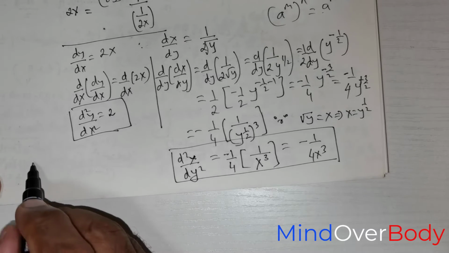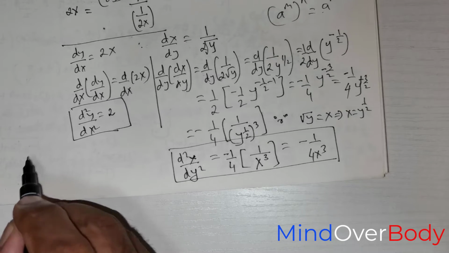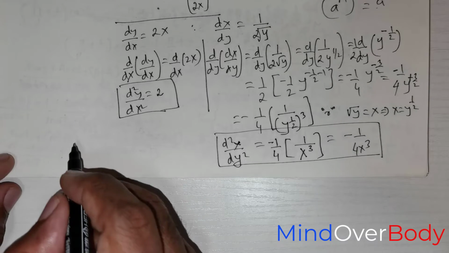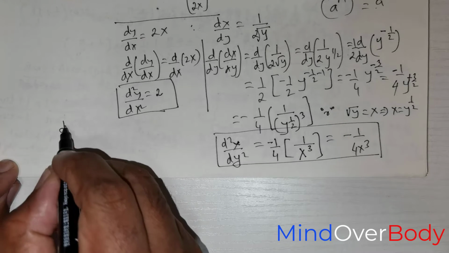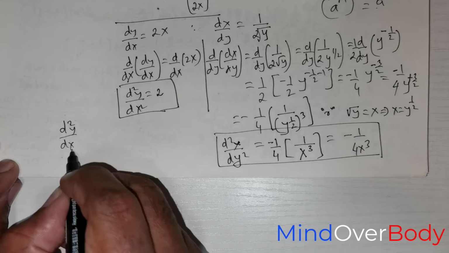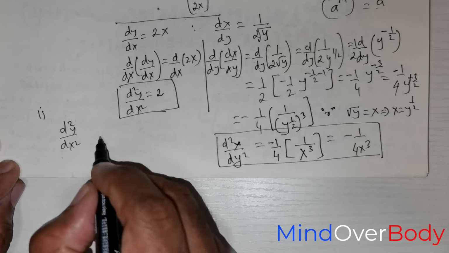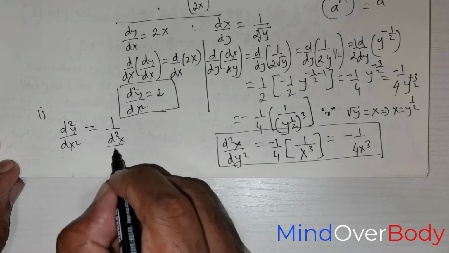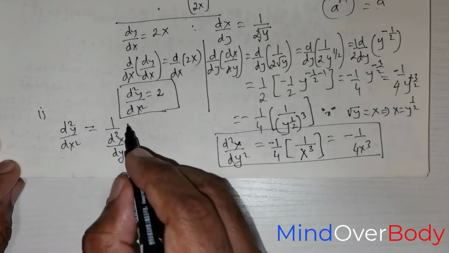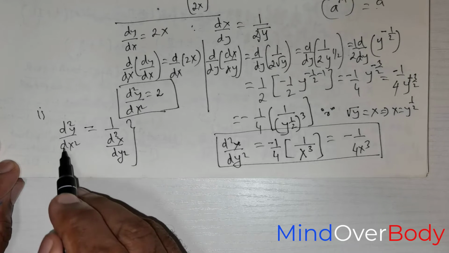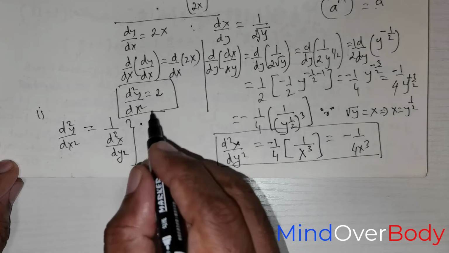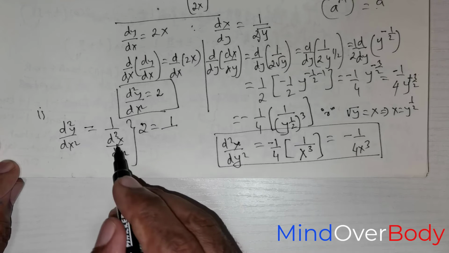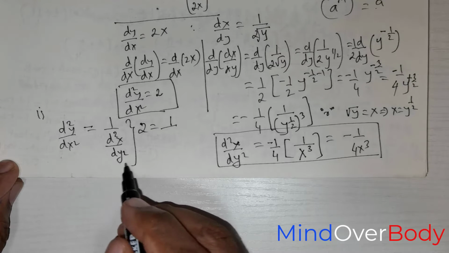Now the question is, what is the most important question that we are seeking to answer? The law: is d squared y over dx squared equal to 1 over d squared x over dy squared? Is it true? So what is d squared y over dx squared? The value is here, 2, is equal to 1 over d squared x over dy squared. What is it?